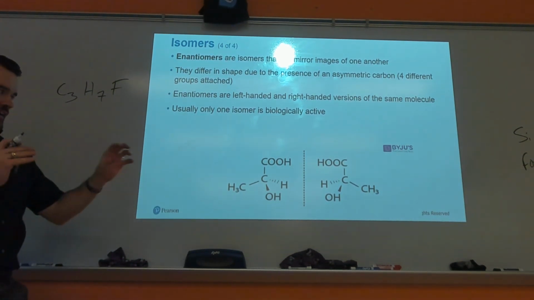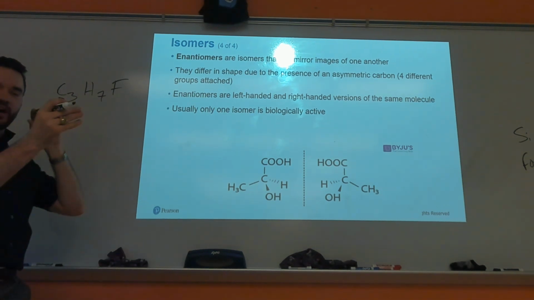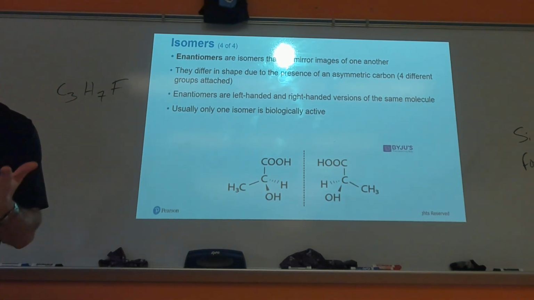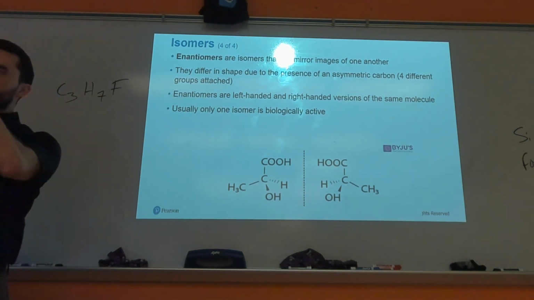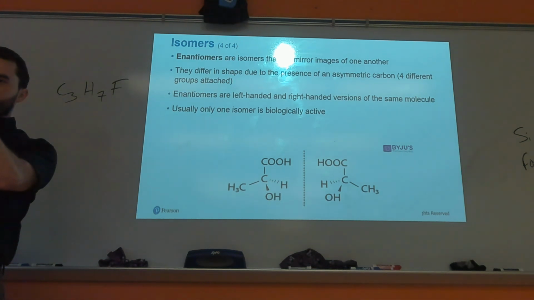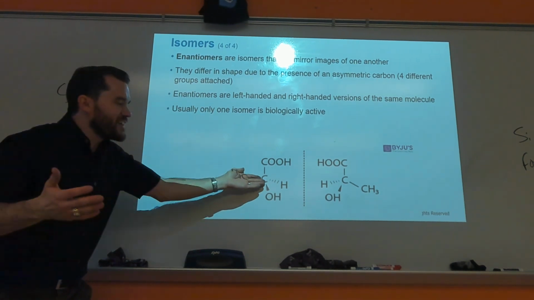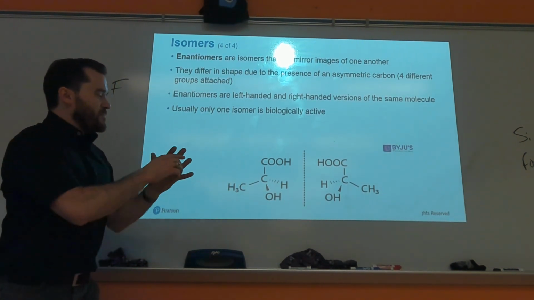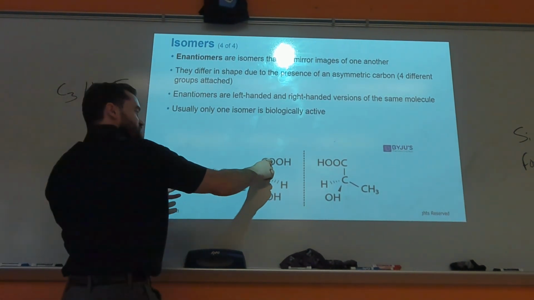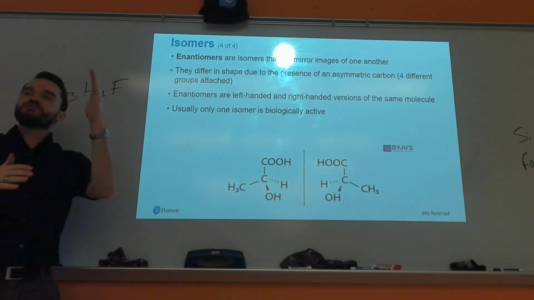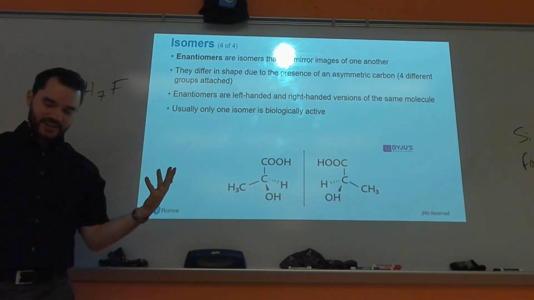Everything is attached the right way, but it's like your hands. They're the same, but they're not. They're mirror images of each other. My middle finger is the middle finger, it isn't over here on this one and over there on the other, right? The groups are all in the same location.